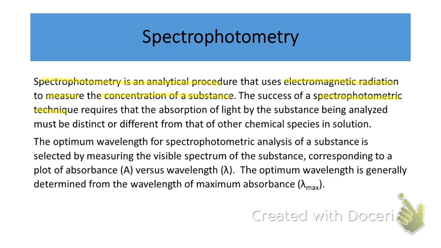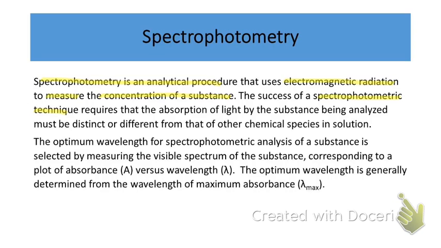What this is saying is, if I have a solution, I'm going to have multiple molecules in that solution. Those different molecules have the ability to absorb light, but we only want to analyze one of them. So we need to find a specific wavelength of light that only the molecule we're analyzing absorbs, and the other molecules don't absorb it, or very much of it.